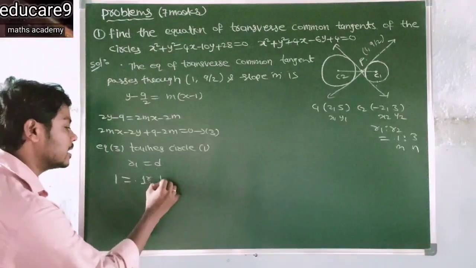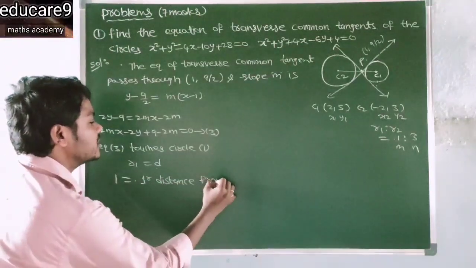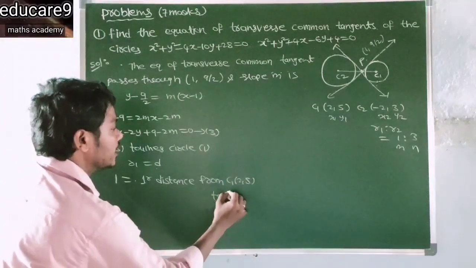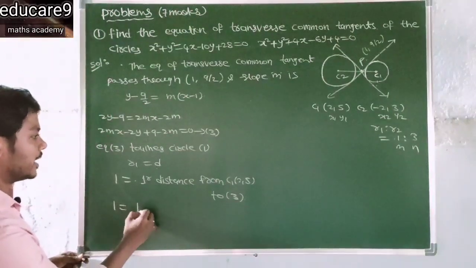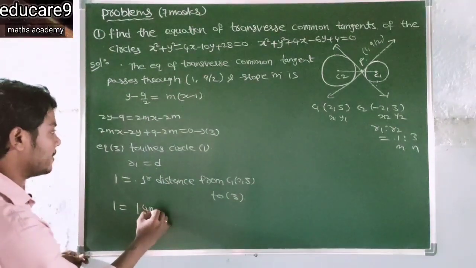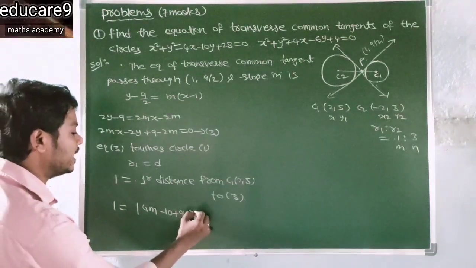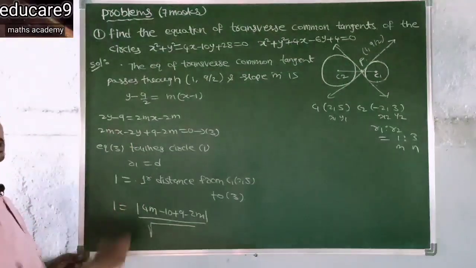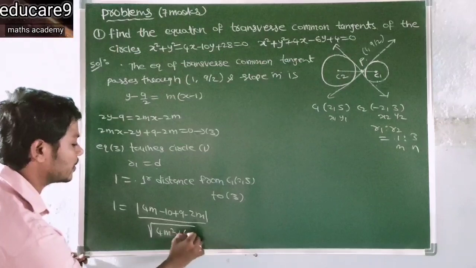Perpendicular distance from center of the circle, that is C1, 2 comma 5, to equation 3. So therefore 1 is equal to modulus of 2m into x1, that is 4m, minus 2 into 5, 10, plus 9 minus 2m, divided by square root of a square plus b square, that is 4m square plus 4.